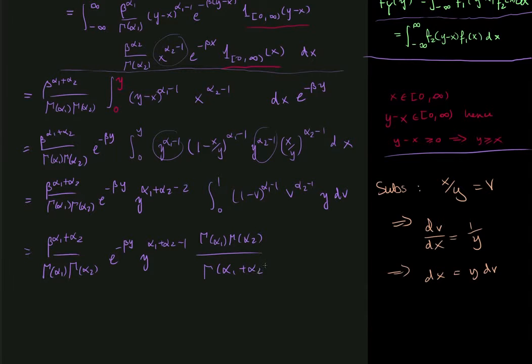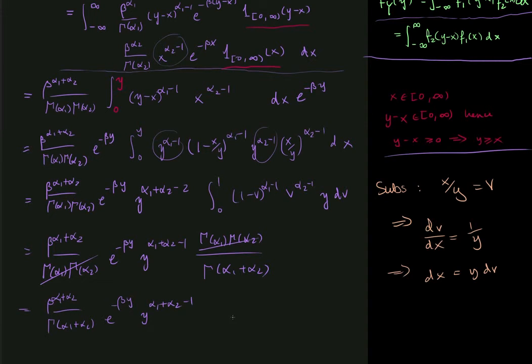And what we see now is that this thing here goes out, and this thing here goes out, and what we're left with is actually a density that looks very much like something that we can recognize. So it's beta to something divided by gamma of the same something multiplied by e to the minus beta y multiplied by y to the something minus 1.